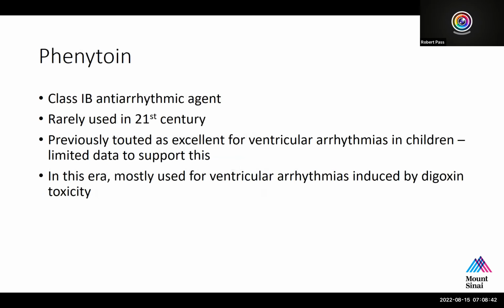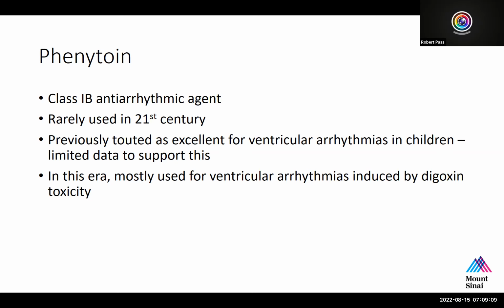Okay, and then just for completeness sake, the last of these class 1B agents is phenytoin. Phenytoin today in the present era is rarely used as an anti-arrhythmic agent, much more as an anti-seizure agent. It was touted in the late 80s and early 1990s as being excellent for ventricular arrhythmias in children, but there really are very, very limited data to support this.